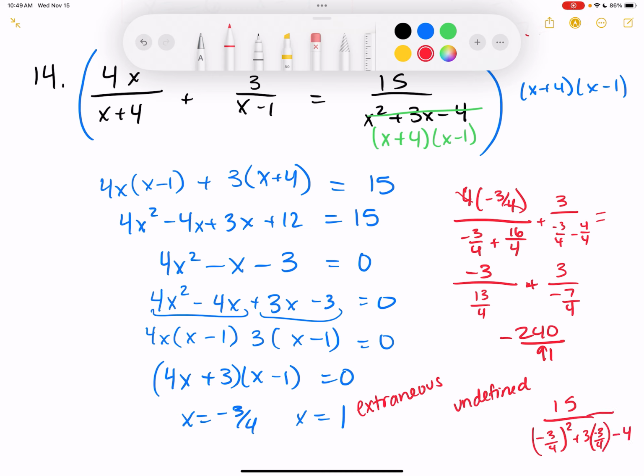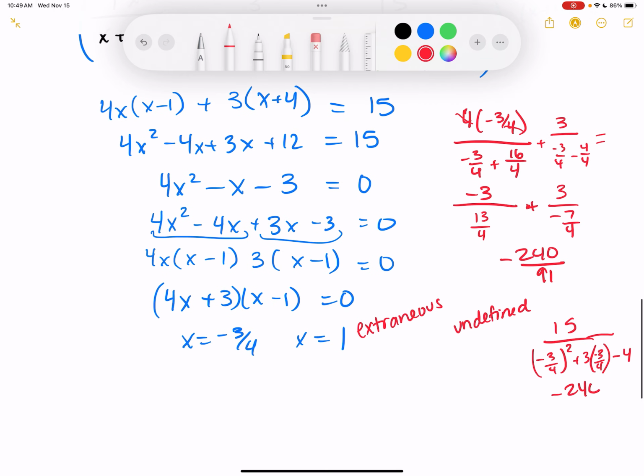I'm not even going to try to get a common denominator. 15 divided by parentheses, negative 3 divided by 4 squared, minus 9 over 4, minus 4. Oh, good. Negative 240 over 91.